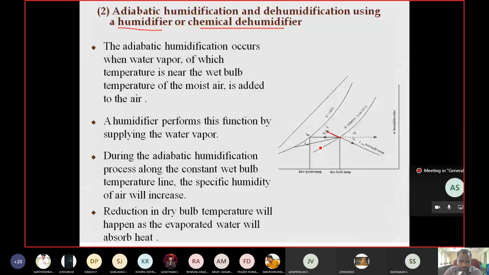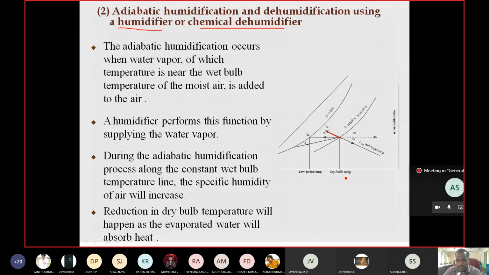So adiabatic humidification will happen here. During the adiabatic humidification process along the constant wet bulb temperature line, where is the wet bulb temperature line?